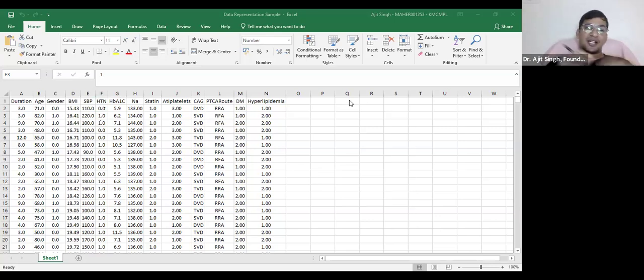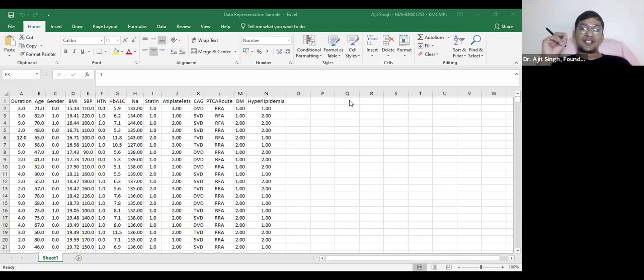Tell me what kind of data it is. HbA1c and sodium. HbA1c is what type of data, guys? Continuous. Okay, Hana is telling continuous. We'll agree continuous. What is sodium? Sodium also continuous. Okay. Statins. What do you think statin is?